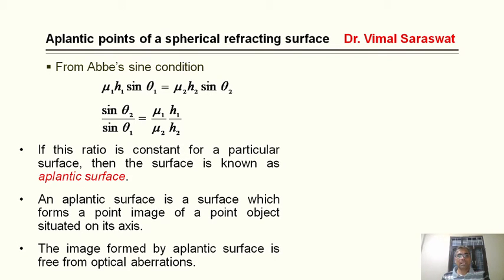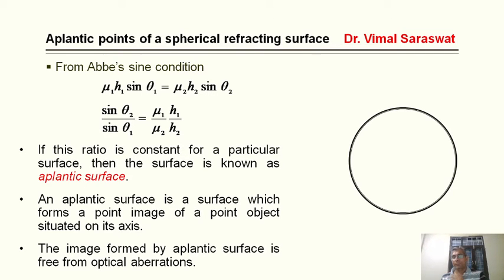The image formed by an aplanatic surface is free from optical aberrations. There are several optical aberrations, which are chromatic aberration, spherical aberration and other aberrations also, and the image formed by an aplanatic surface is free from these types of aberrations.